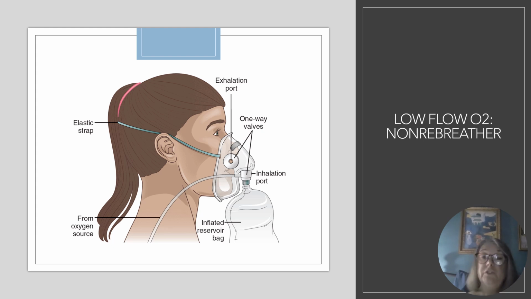So we're just getting a more precise delivery of the O2. We use a minimal flow rate of 10 liters on this, and it can provide up to 90% oxygen to the patient. So that's a lot.